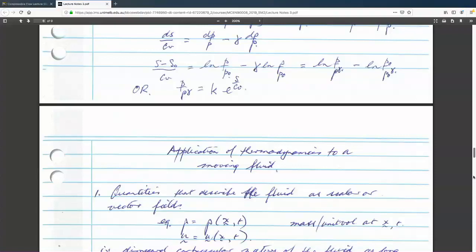So it goes through a sequence of equilibrium states. And so I wrote PV to the gamma was a constant. Well, V is 1 upon rho. So that's P on rho to the gamma here. So that's where that came from.